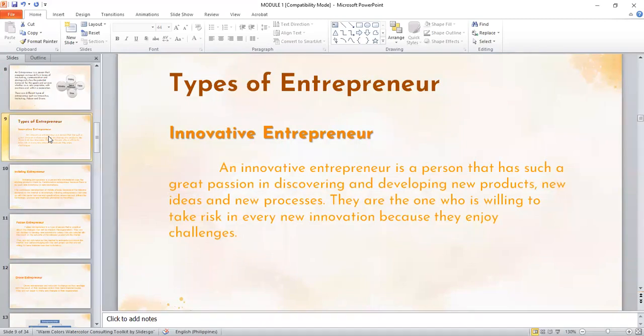When we think of an innovative entrepreneur, we speak of that person that has such a great passion in discovering and developing new products, new ideas, and new processes. So not limited only to products, but ideas and processes. They are the ones who are willing to take risks in every new innovation because, take note, they enjoy being challenged.